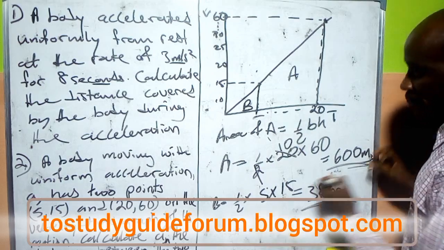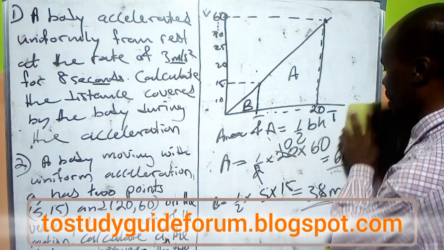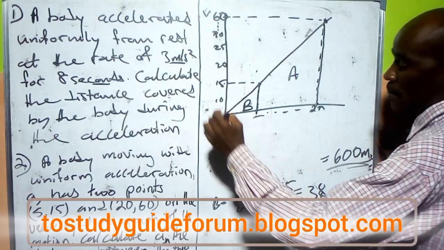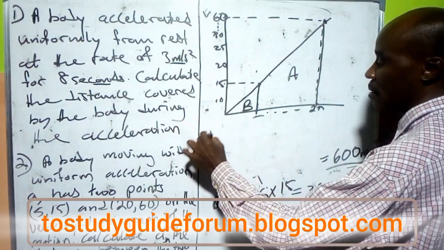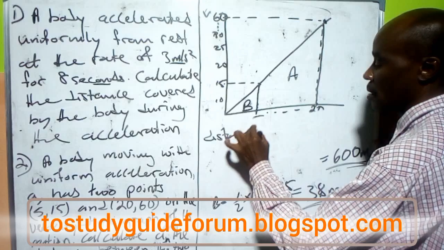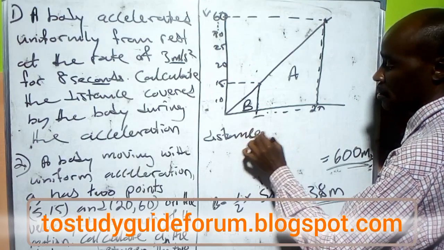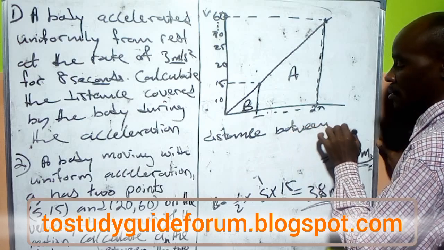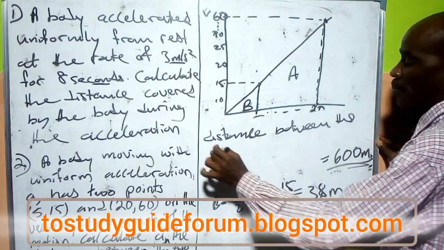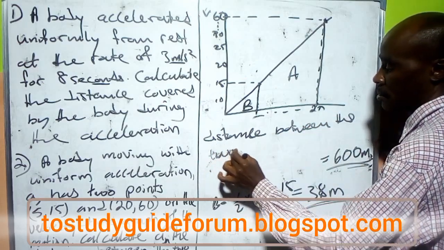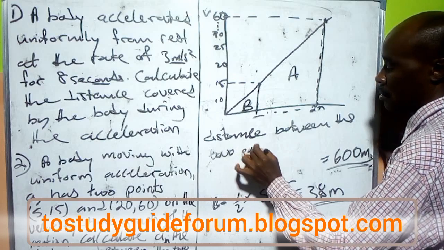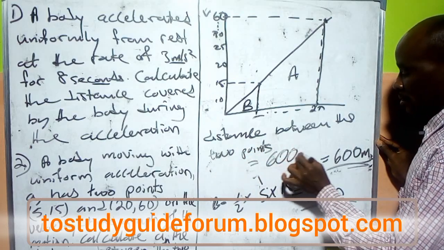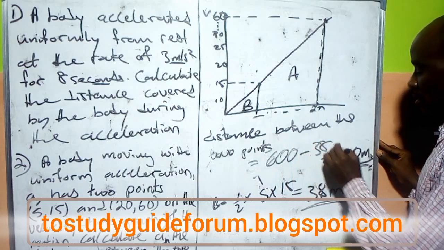So let me see if I can clean it. Let's clean up some place. Now I said the distance between the 2 points will then be 600 minus 38.